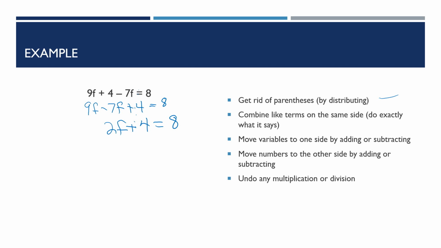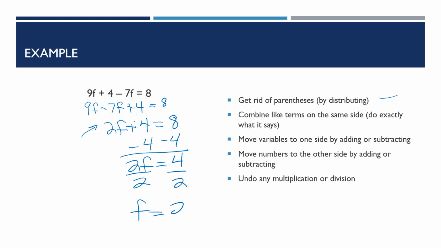So since I have the variable on this side of the equation, I'm going to move the numbers to the other side. And I do that by doing the opposite. So this is add 4, I'm going to subtract 4, so that I get 2f equals 4. And then I'm going to divide by 2, so f is 2.